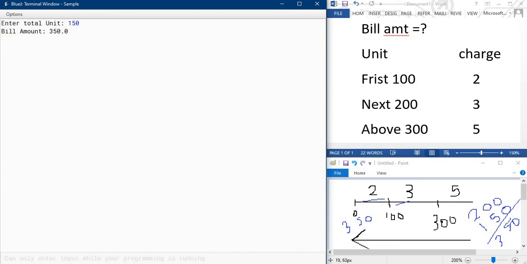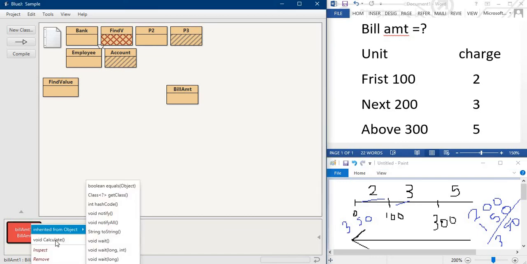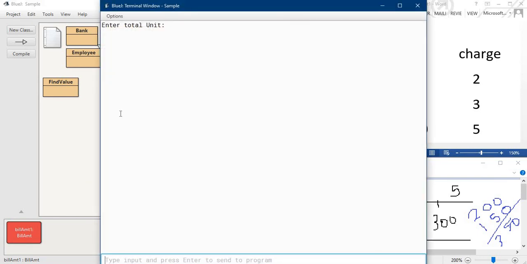The same way you can check this amount. I run it again. Suppose my amount is 349. The same formula is used by the electricity company when they come to your home to check the unit bill, and they provide a long bill.